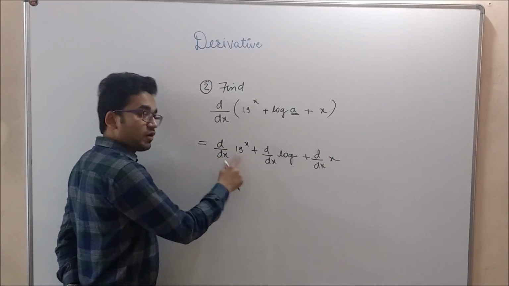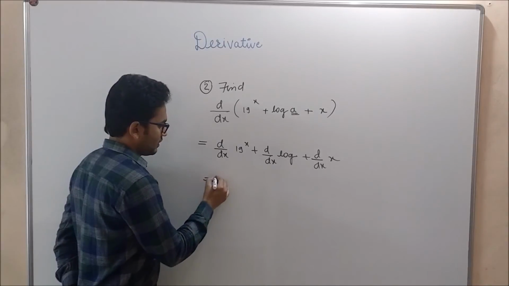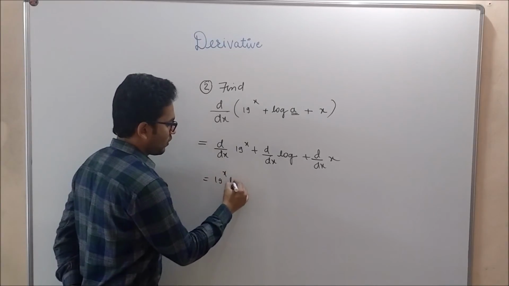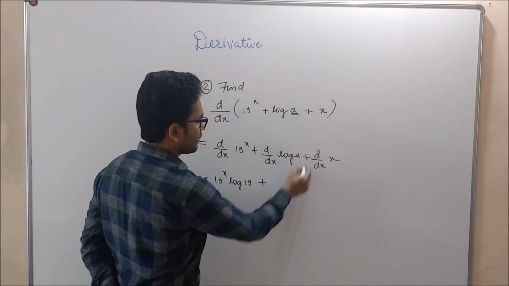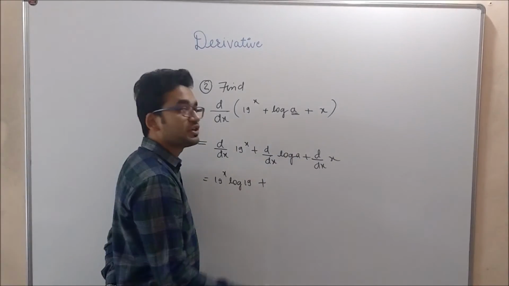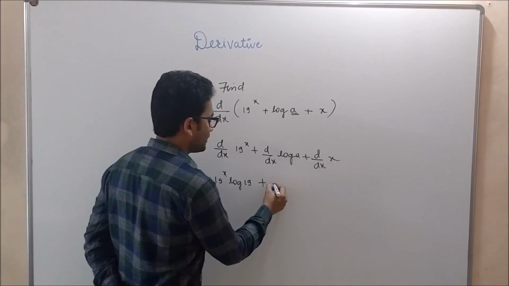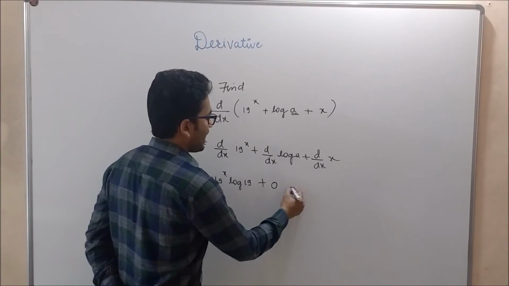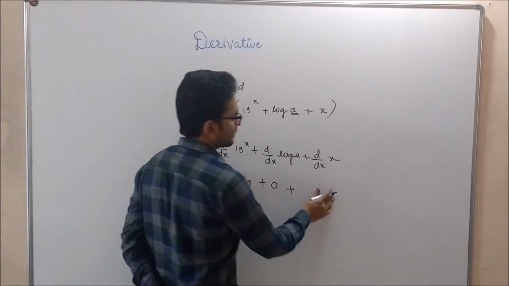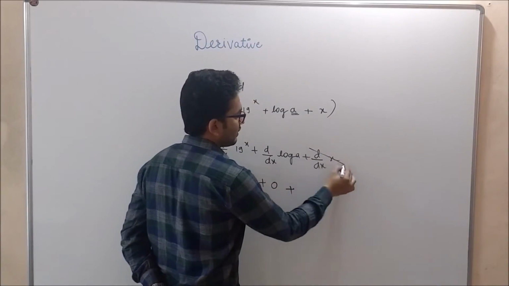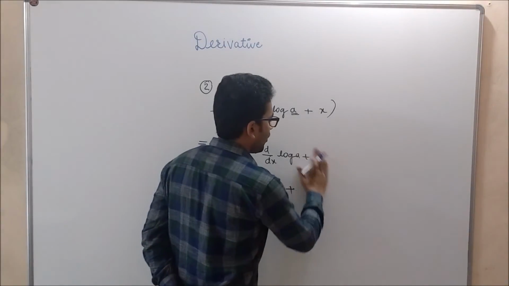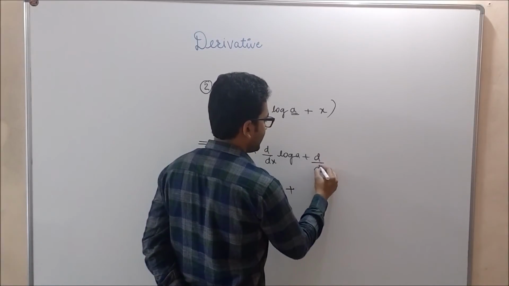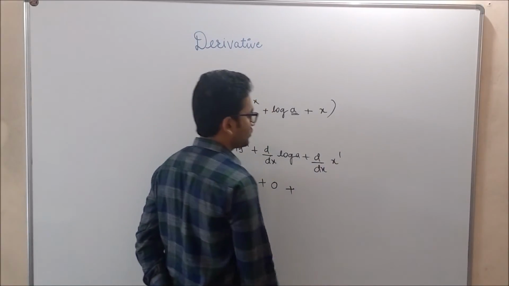Now this is of the form a raised to power x. So 19 raised to power x log 19 plus derivative of log a. Log a is a constant, derivative of constant I told you, which is equal to 0, and finally derivative of x. You can do memorizing this form as well, or it is equal to d upon dx of x. x is x raised to 1.